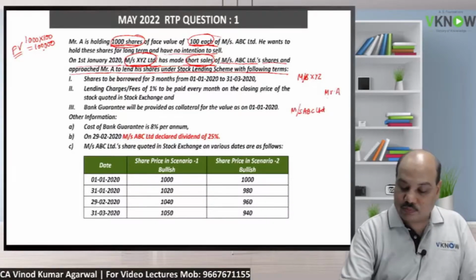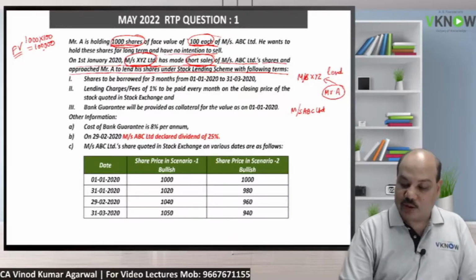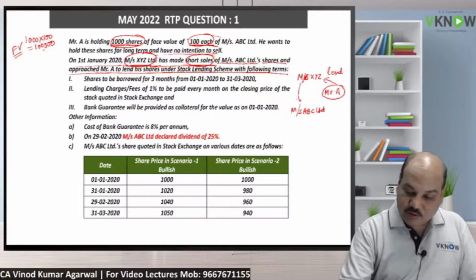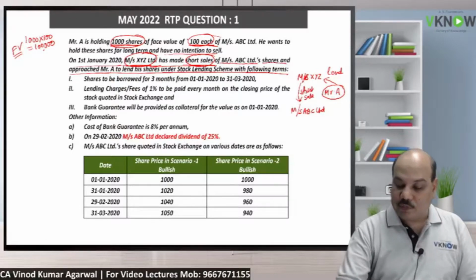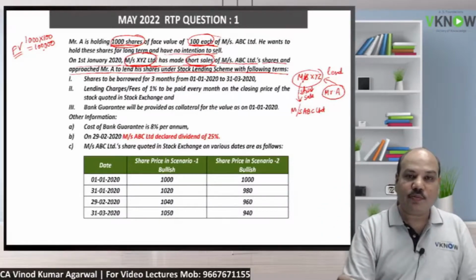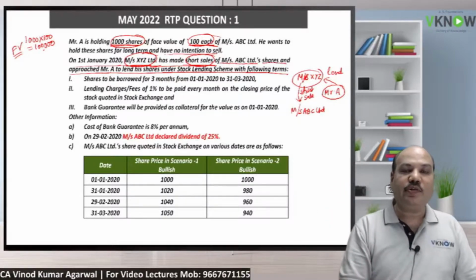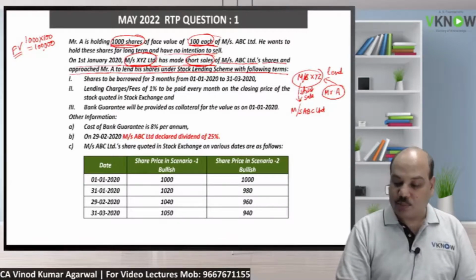So Mr. A will lend the shares to Messrs. XYZ, and Messrs. XYZ will short sell the shares. The objective of Messrs. XYZ is, if the price falls, later on they can purchase and return the shares to Mr. A and make profit.